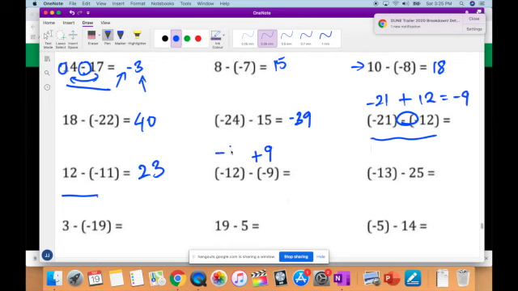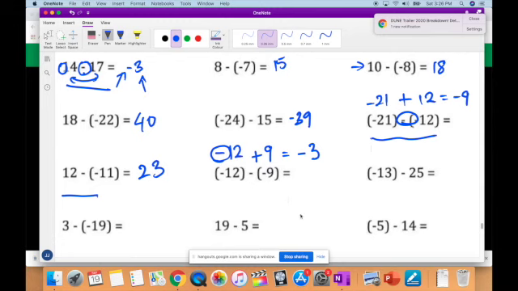And this remains -12. We don't have anything in front of here to mess with the 12. So now we can see that we have different signs, and with different signs, the rule is you find the difference. So the difference between 9 and 12, 9, 10, 11, 12, is 3. And then you keep the sign of the larger number, which is negative.